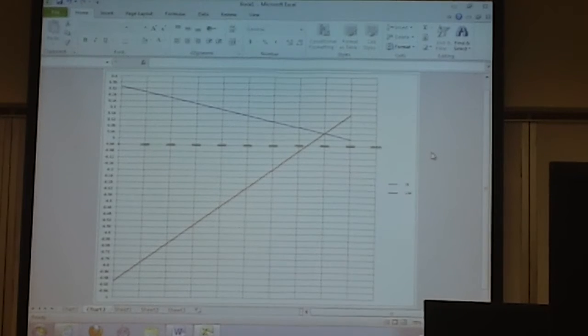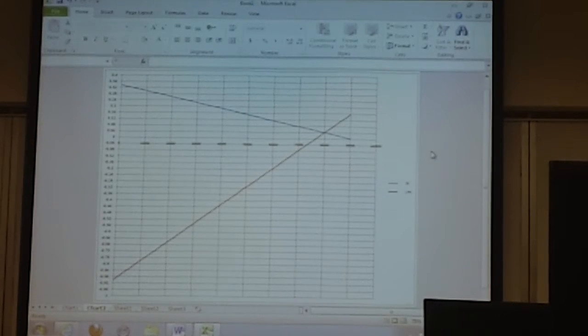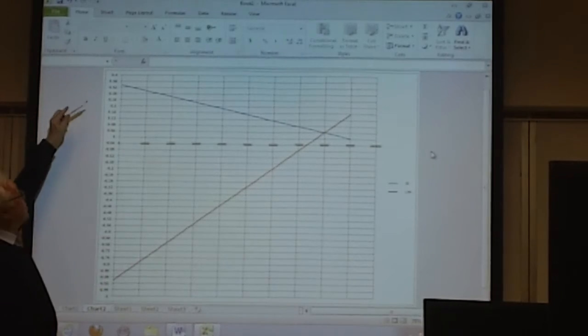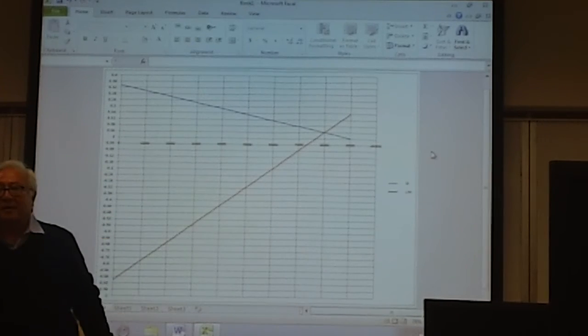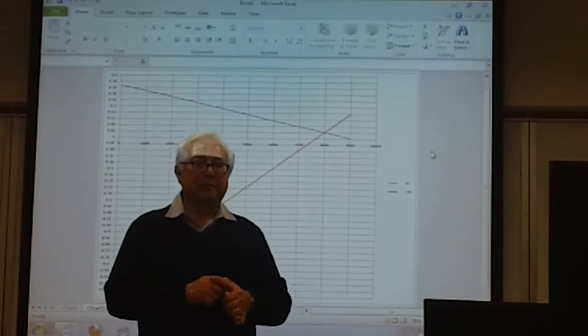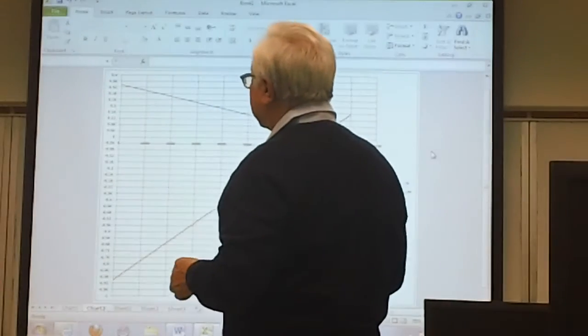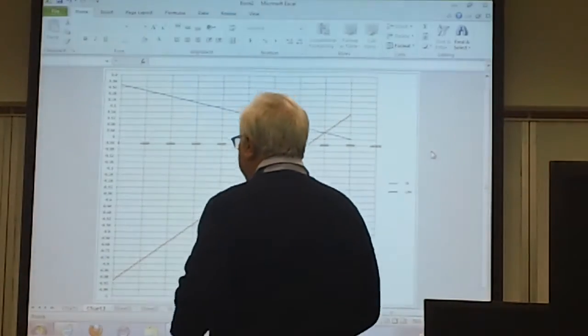Included in that stuff that we added up was this government. So the government helps place this intercept point. Government spending is fixed in there.